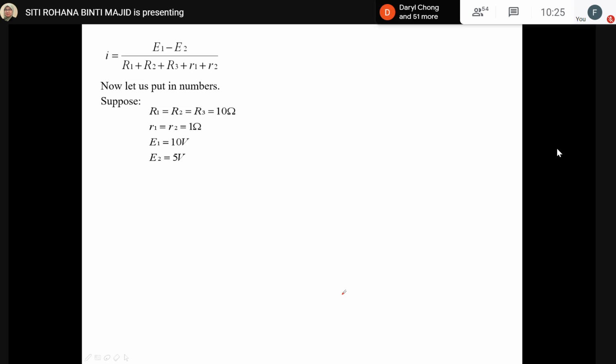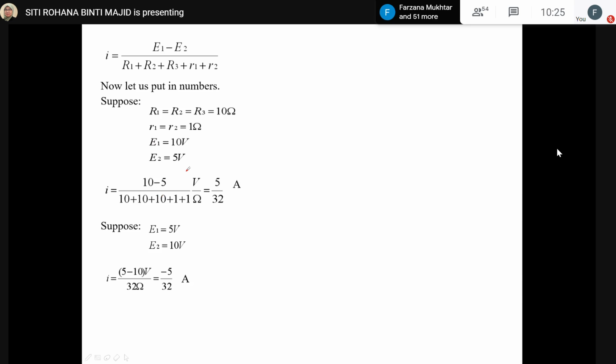Once you collect all the negative parts and positive parts, the starting working step is correct, and then you can calculate. For example, in this work, let's say E1 and E2 are 10 and 5 volts, and then you just plug in the values, and then you will get the I value.